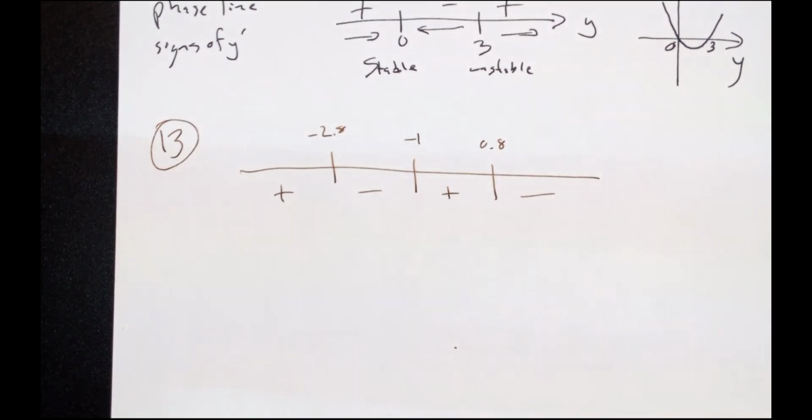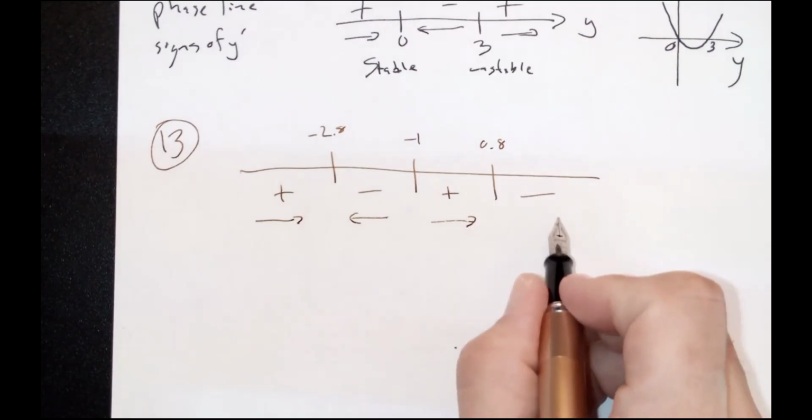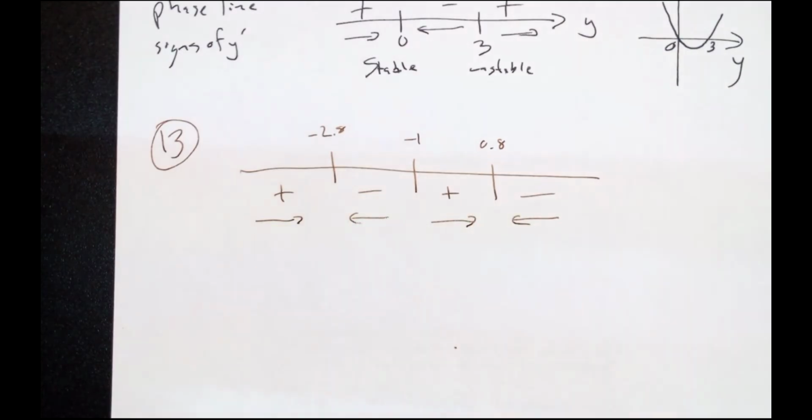Look at the way things are going. We're going up where it's positive, we're going down where it's negative. Up where it's positive, down where it's negative. Well, instead of drawing it vertically, I drew it horizontally. So up and down is now right and left. Hey, wait a minute. Is negative 2.8 stable or unstable? I'm going in. Negative 1, 0.8, stable.